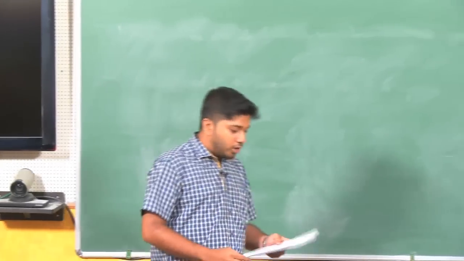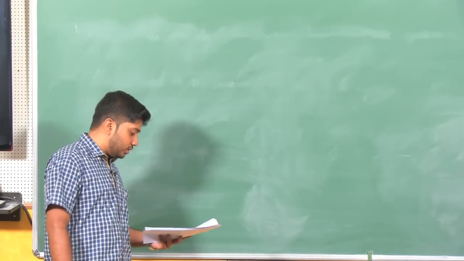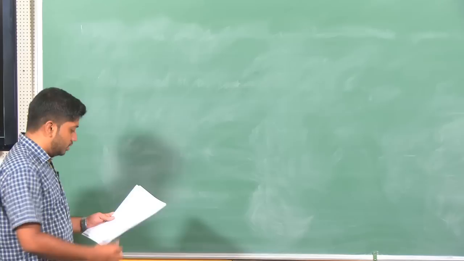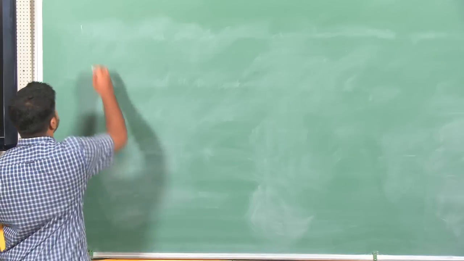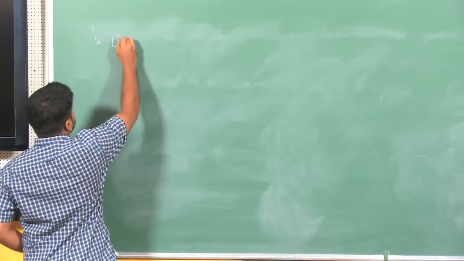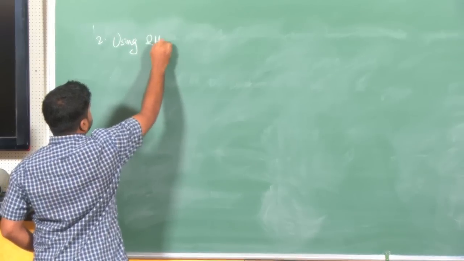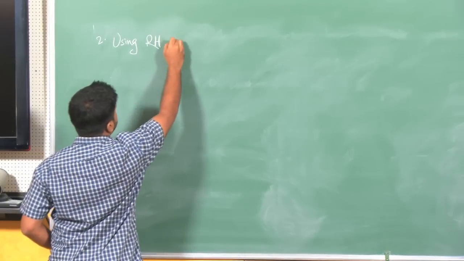Okay, so the second problem we are going to do is on how to find out if the system is unstable or not. Using Routh Hurwitz, RH means Routh Hurwitz.